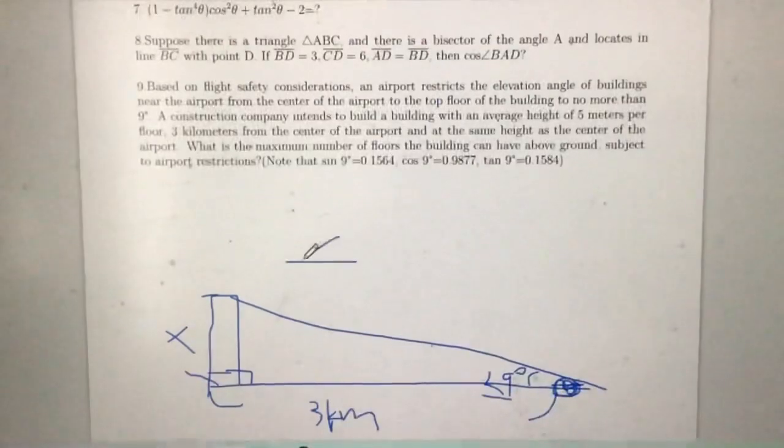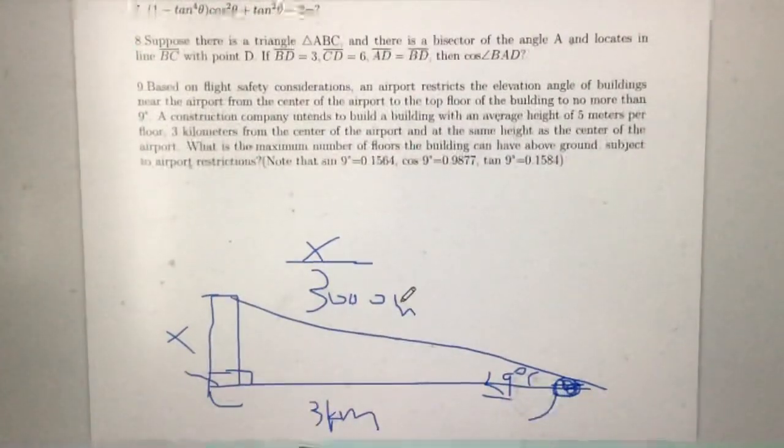So we can just get that the numerator will be x, the denominator will be 3,000 meters. Okay, this is the denominator. And this guy will be what? This is tangent 9, right?